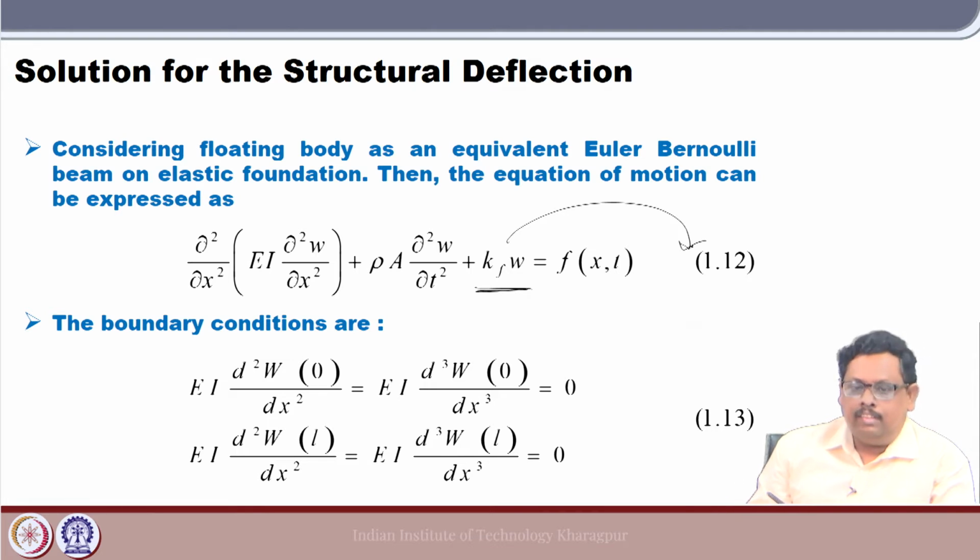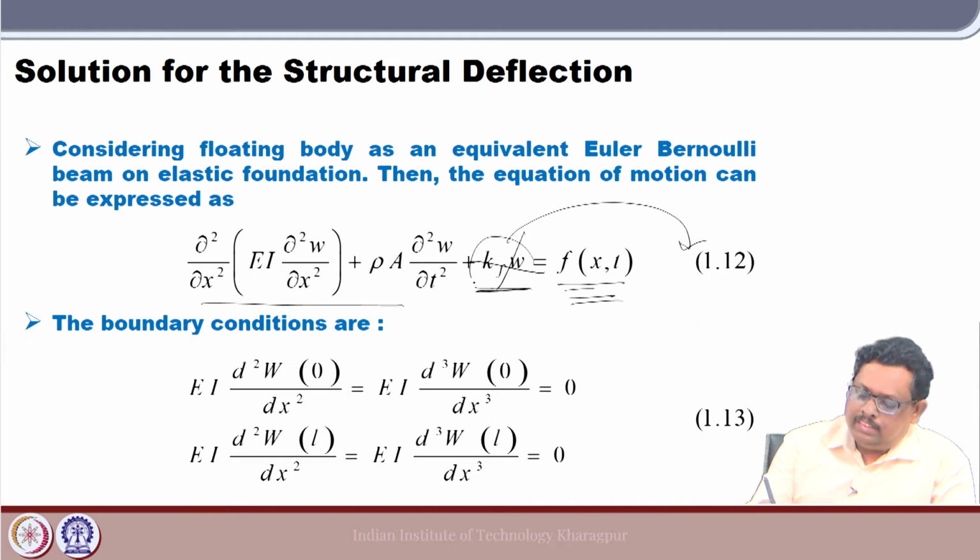So I just cross this term over and simply write this term equal to f(x,t), because I am taking this in the external force, as it is coming from the buoyancy force.